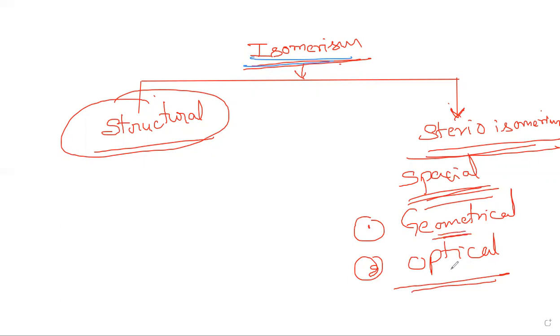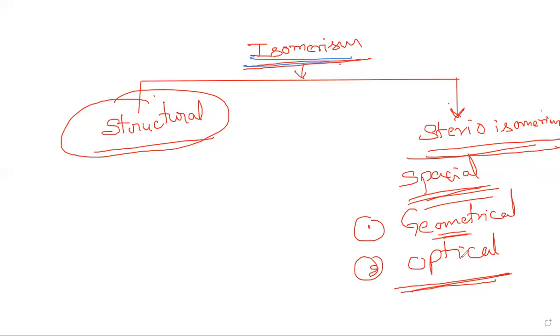In the next chapter, we'll be discussing conformations, the geometrical variations like the sawhorse structure, Newman projection, skew and gauche conformations. Now, what is the difference between geometrical isomerism and optical isomerism?